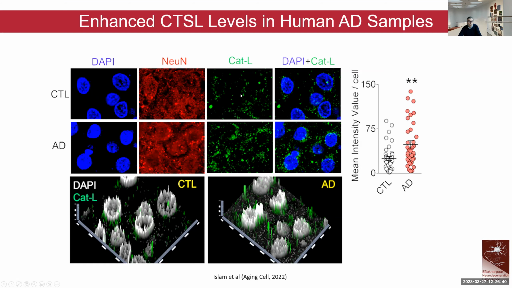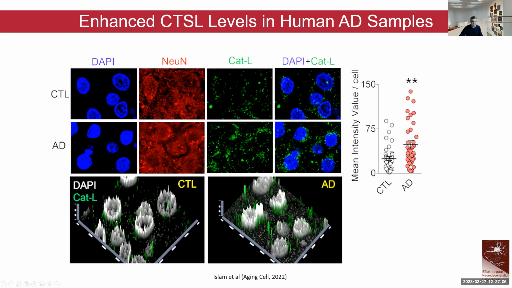What we can see here is a huge upregulation of cathepsin L in AD patients. Looking at this 3D, we try to show the location of these cathepsin L positive lysosomes inside the cells.